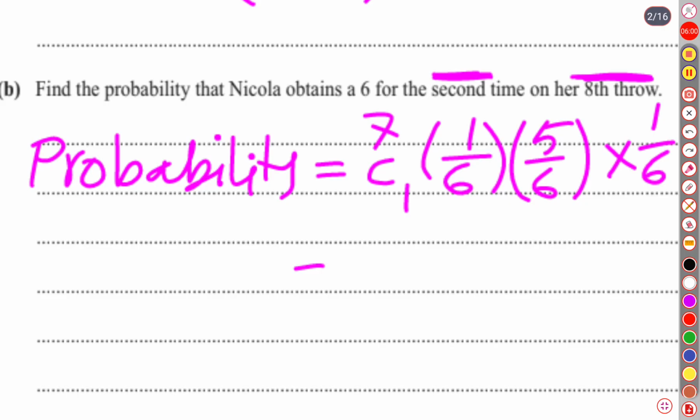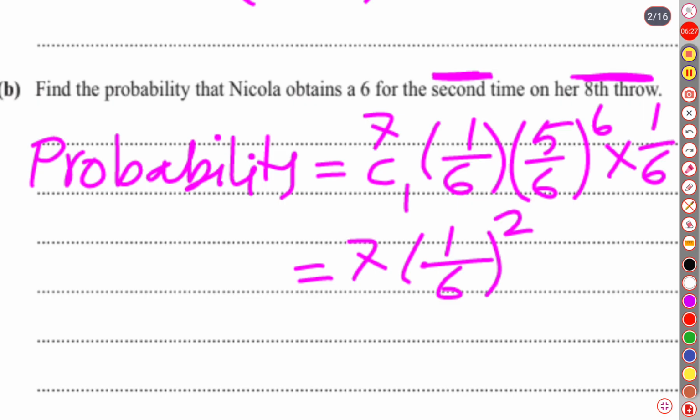So let's find out the answer. 7 choose 1 means actually 7, into 1 over 6, into 5 over 6 raised to 6. If he succeeded once, definitely he failed 6 times, so this should be 6. Now for the eighth throw, success is 1 over 6.